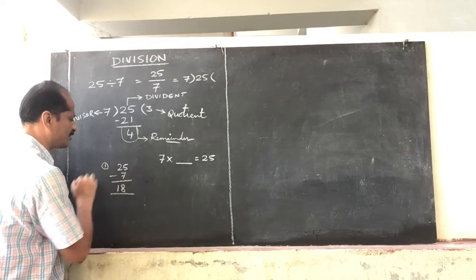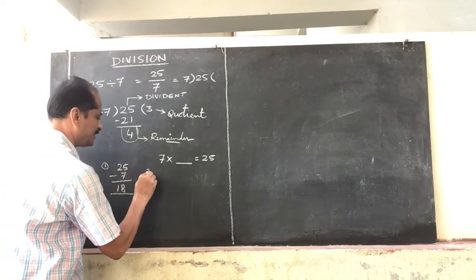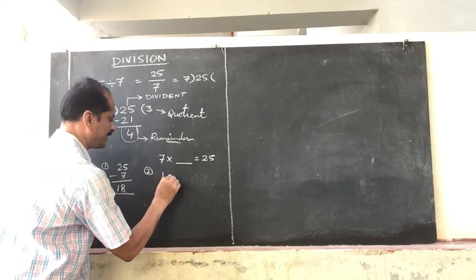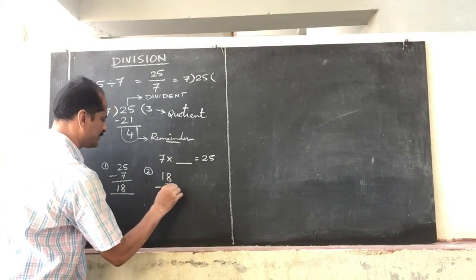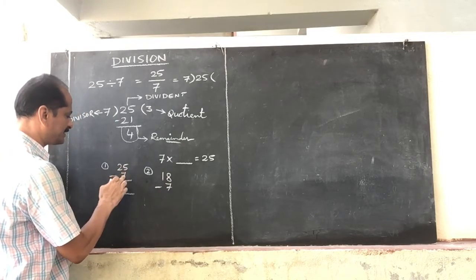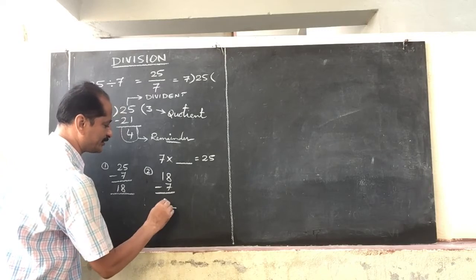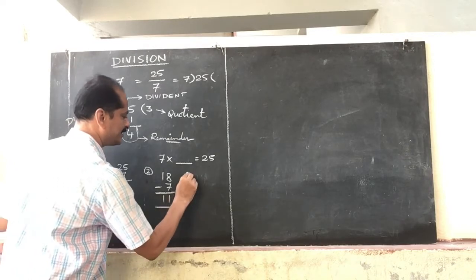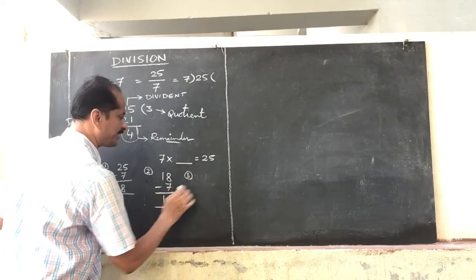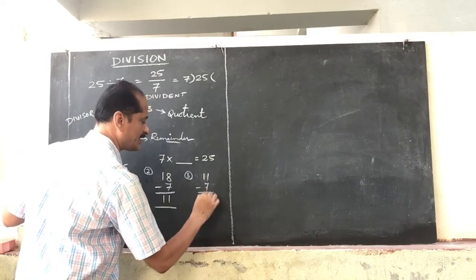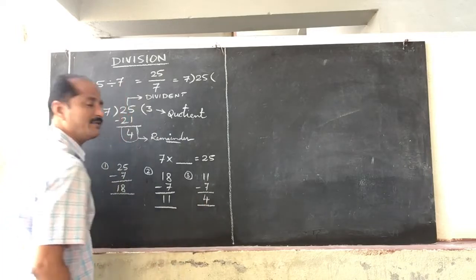In the second step, from the remaining 18 take out 7. So 18 minus 7 is equal to 11. And again in the third step, from 11 you can take out one more 7, then the remainder will be 4.